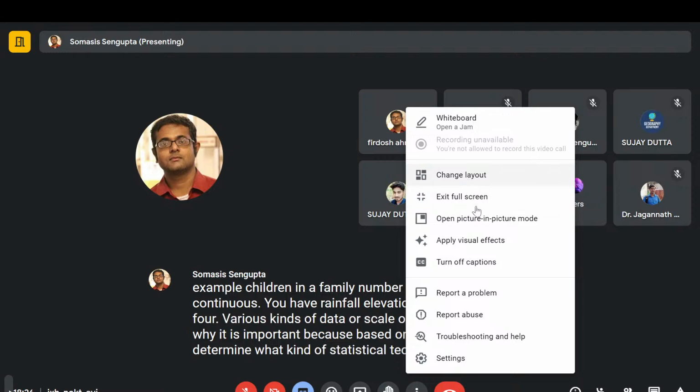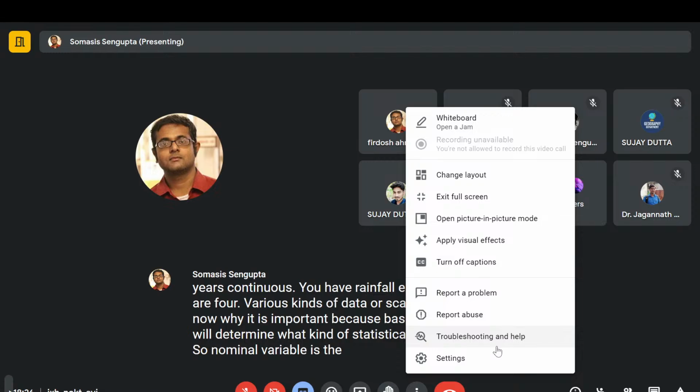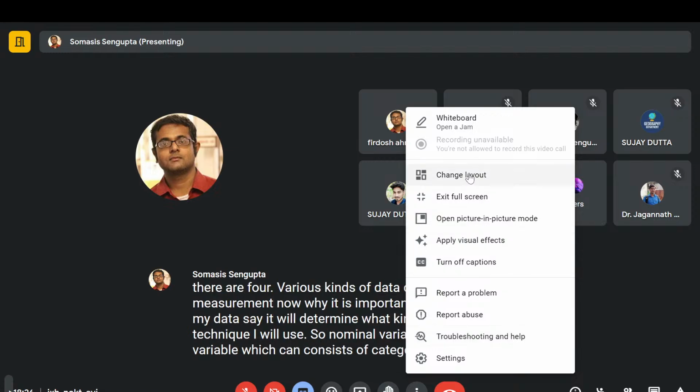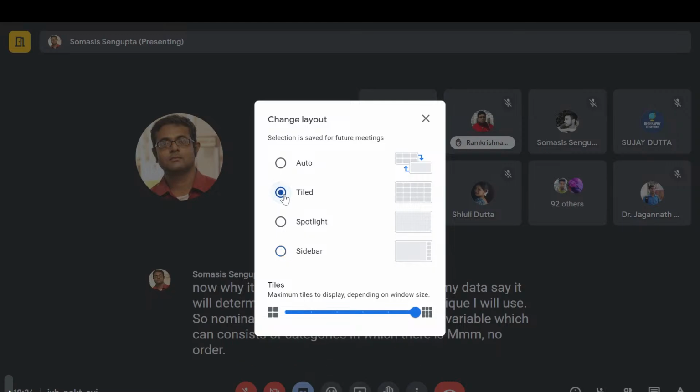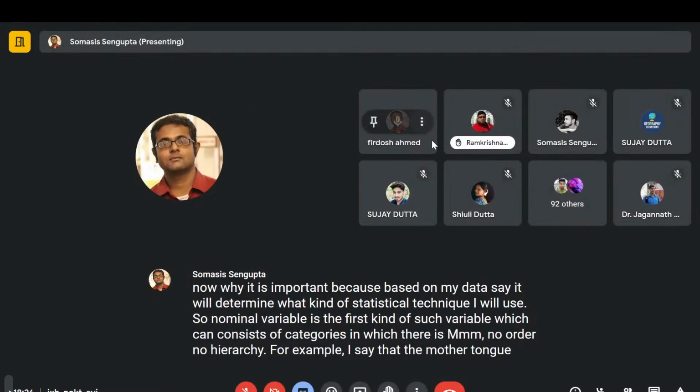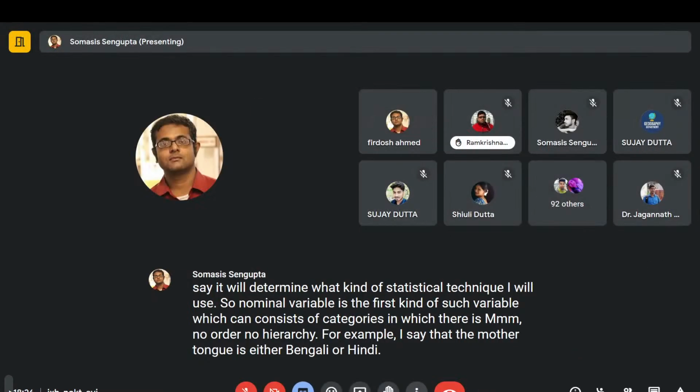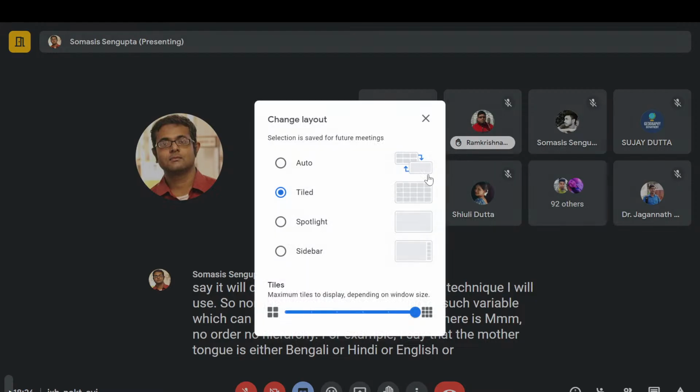So the nominal variable is the first kind of such variable, which consists of categories in which there is no order, no hierarchy. For example, I say that the mother tongue is either Bengali or Hindi or English or Assamese.